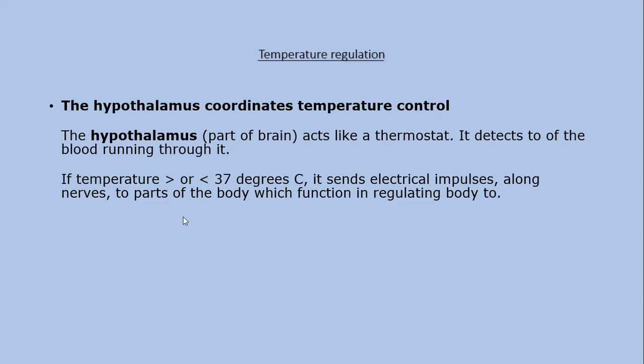If the blood's temperature rises above 37 or falls below 37, then the hypothalamus sends signals or impulses or electrical messages along nerves to many parts of the body to take an action in order to maintain constant temperature. And one of these parts is the skin.